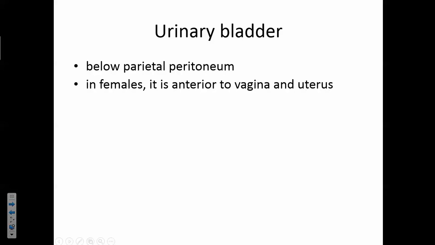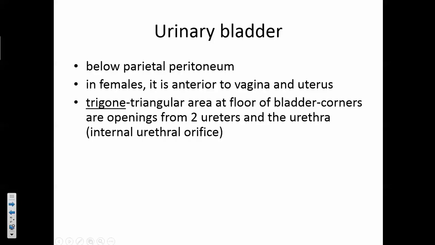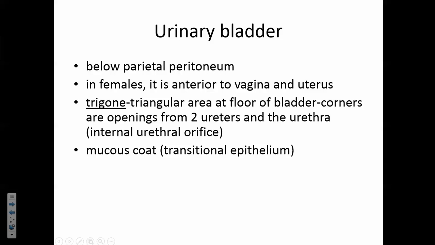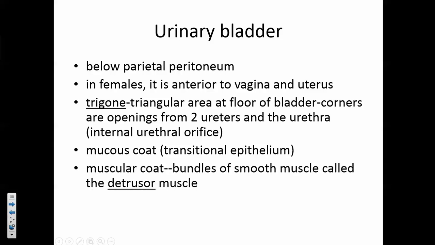In females, of course, its location is just in front of the vagina and uterus. The trigone, let's look at a picture of it in a minute. It also has a mucus coat lined with transitional epithelium. And then the muscle in its wall is in little bundles. It's not super thick like in the uterus or the stomach, but it's called the detrusor muscle.